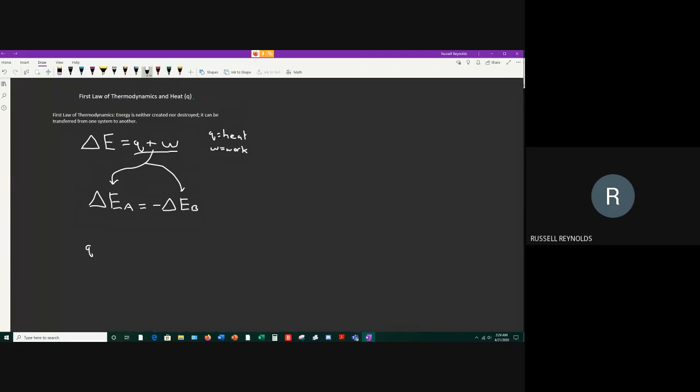So we'll have QA plus WA is equal to negative QB plus WB. And here all we're doing is substituting that delta E with Q plus W.